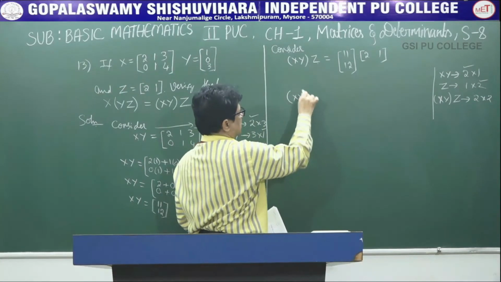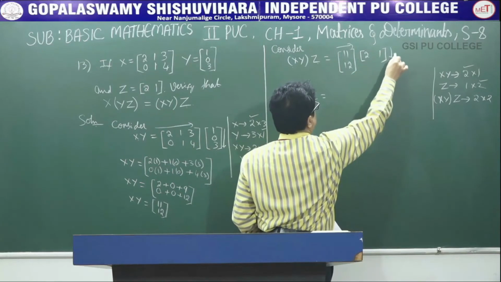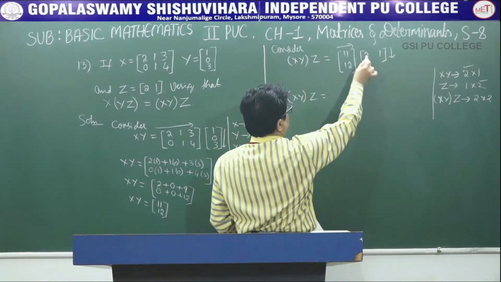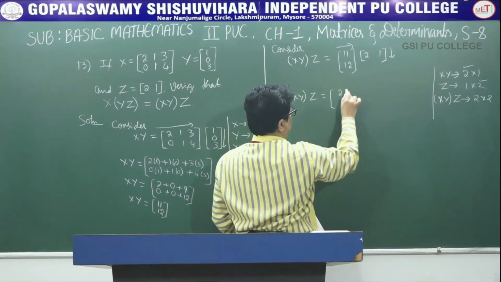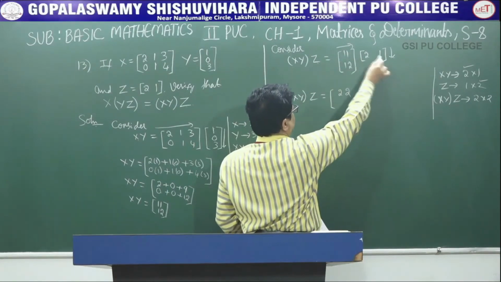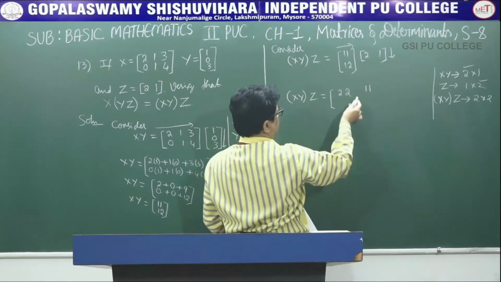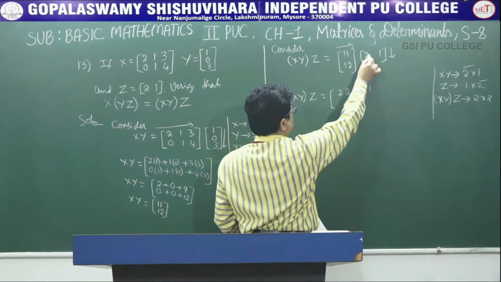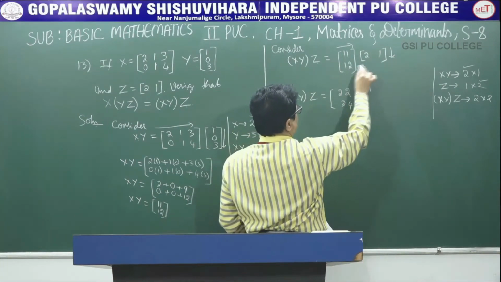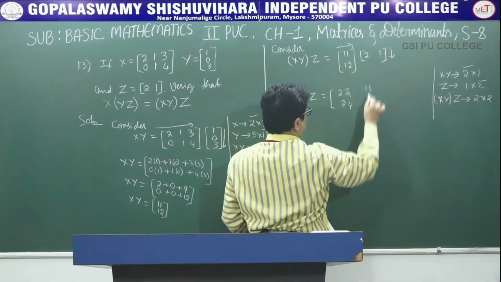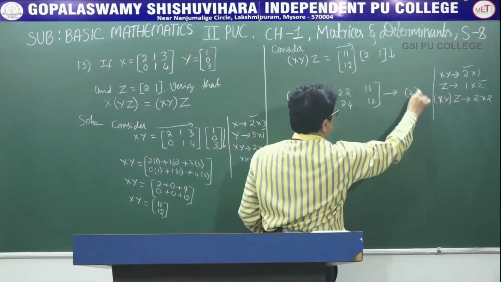So XY into Z is equal to, row into column. First row into first column, 11 into 2, 22. First row into second column, 11 into 1, 11. Next, second row into first column, 12 into 2, 24. Second row into second column, 12 into 1, 12. We call this equation 2.